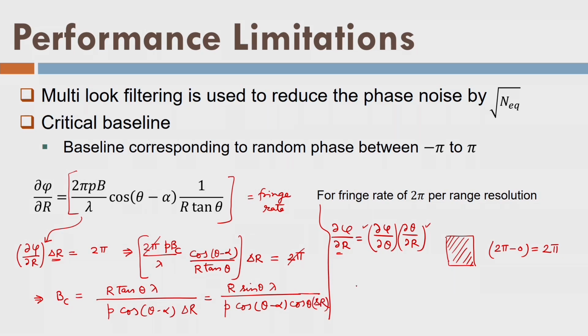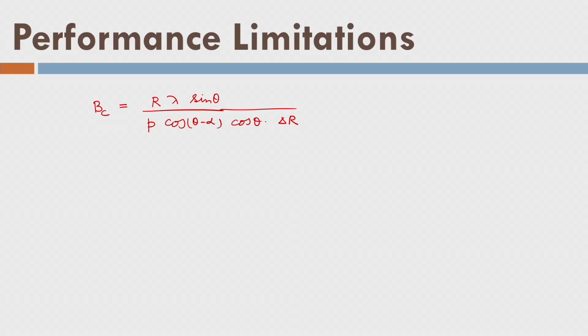Now we know that delta y, the ground resolution in the across track direction, is given by delta r upon sin theta. So we have written BC is equal to r lambda divided by p cos theta minus alpha, sin theta divided by cos theta delta r.